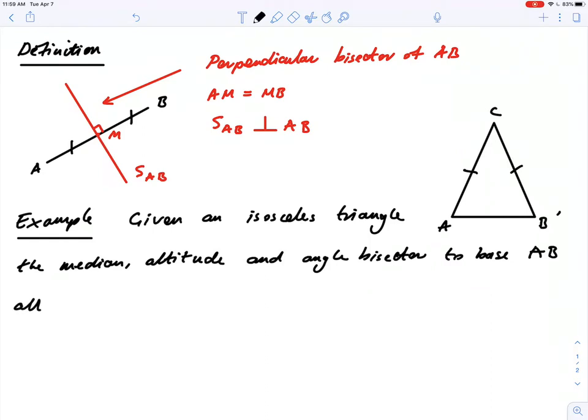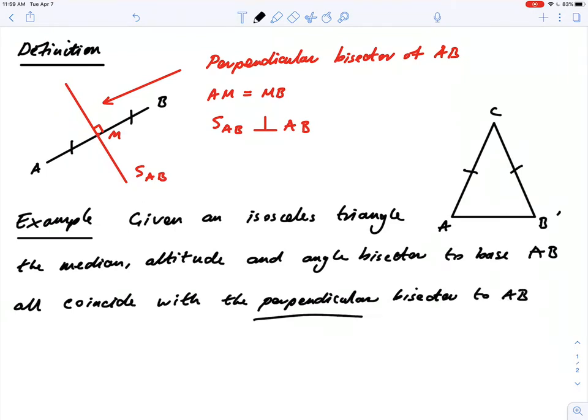They're all the same as the perpendicular bisector of the base, the perpendicular bisector to AB. Okay, so these are three fundamental constructions: the median, the altitude, and the angle bisector. They're all the same as the perpendicular bisector in this case.